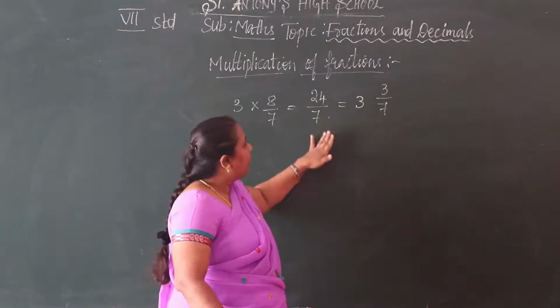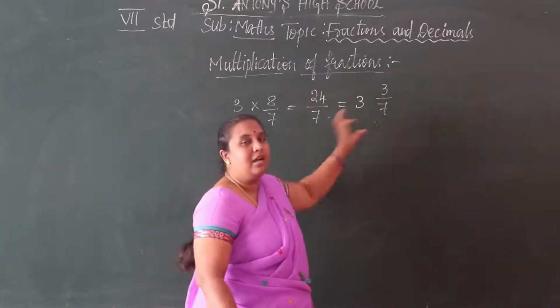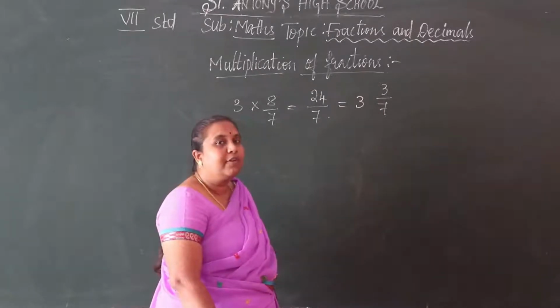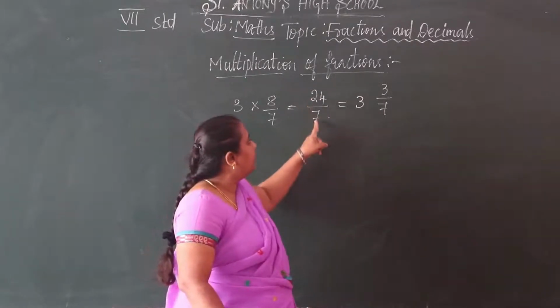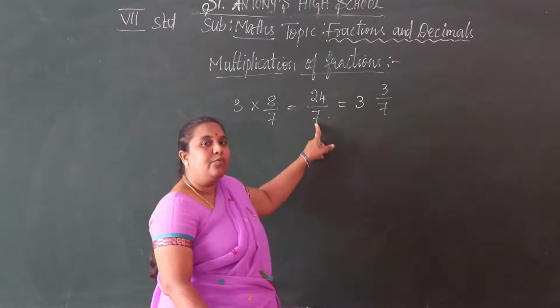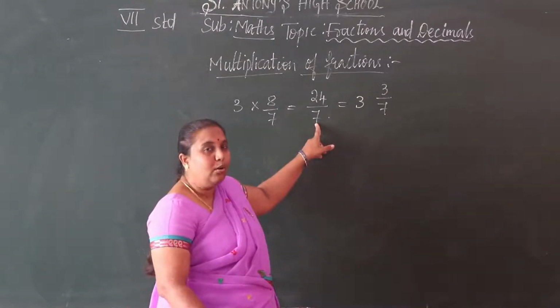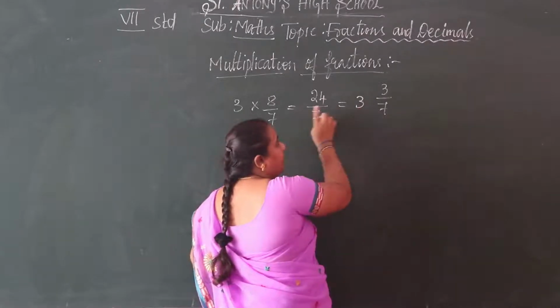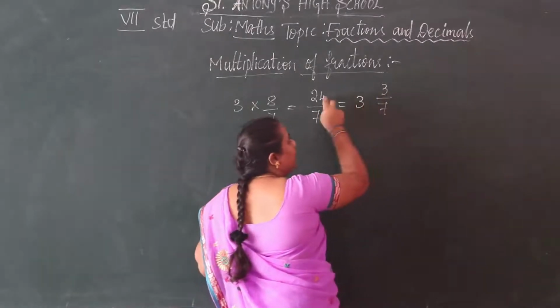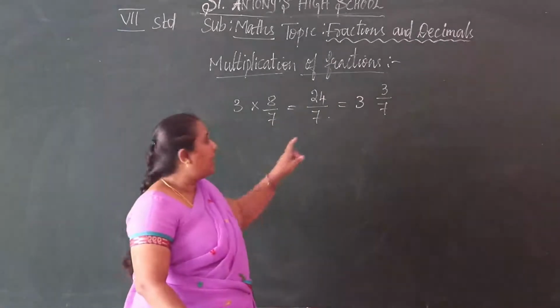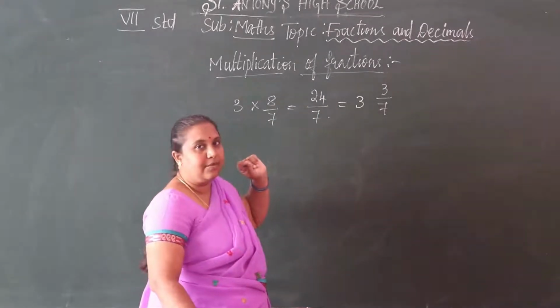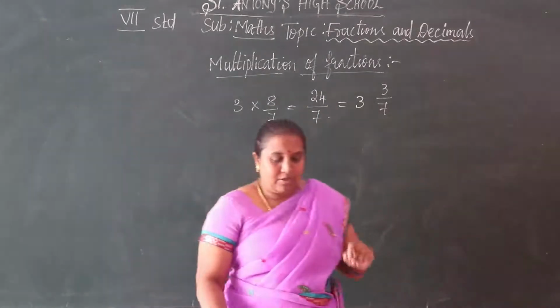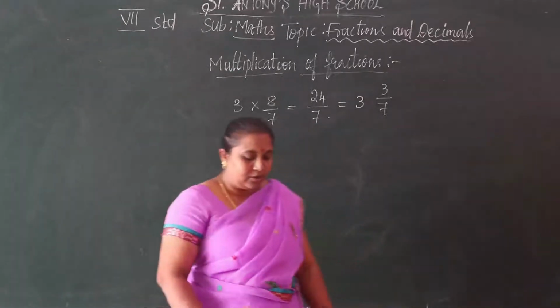See here, we can write this fraction as a mixed fraction because the numerator is greater than the denominator. So 7 3s are 21 and plus 3 we have 24, and the denominator is 7. Understood, children? Okay. So next let us see one more example.